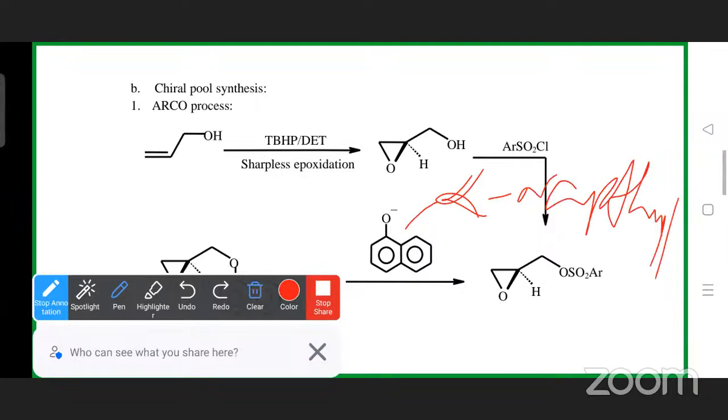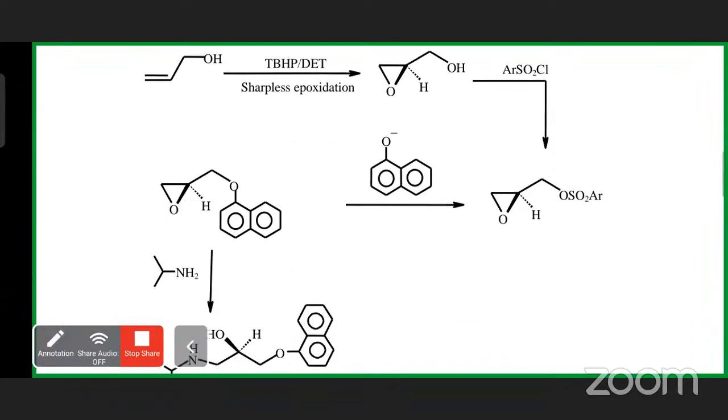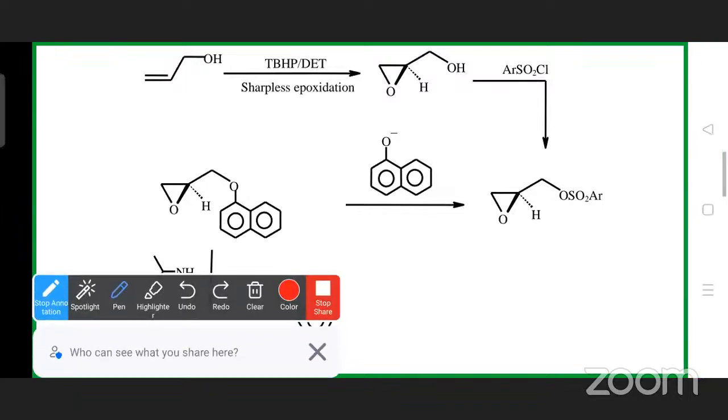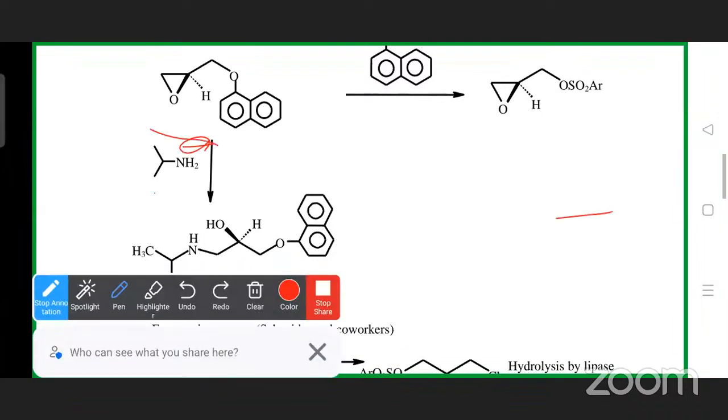By treating with the alpha naphthyl group, this alpha naphthyl group is going to attach on this particular position. It is substituting this sulfonate. Using this propyl amine, the amine is going to open this epoxide ring and it gives you S-propranolol, the enantiomer pure compound, right? Enantiomer pure compound.